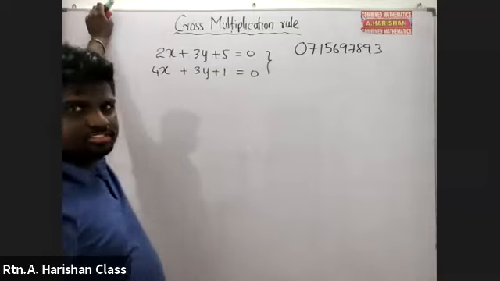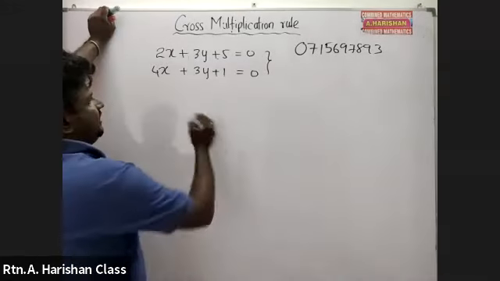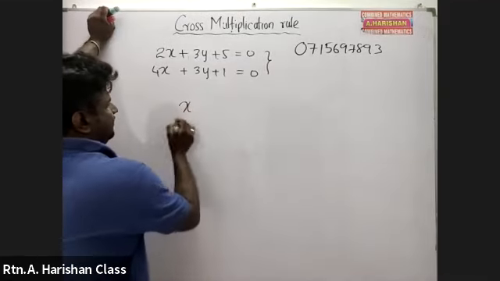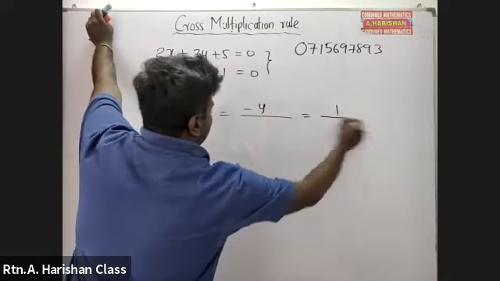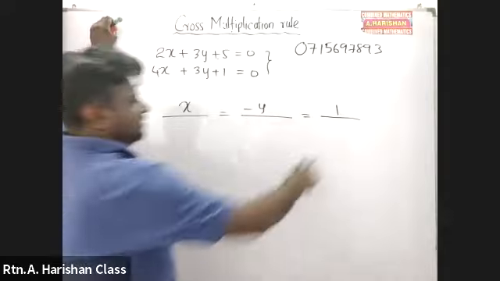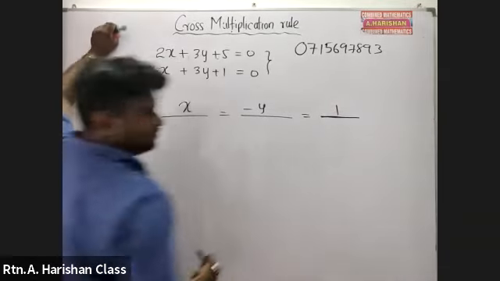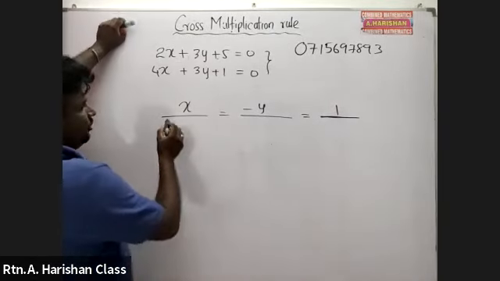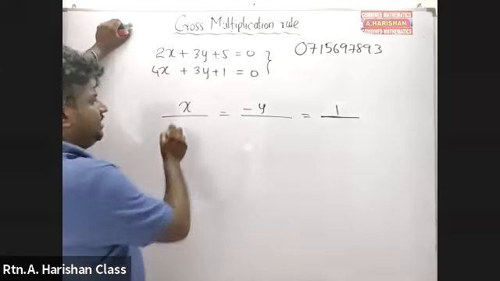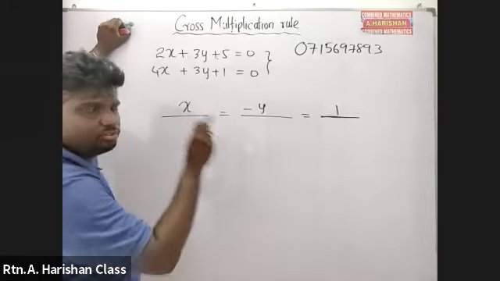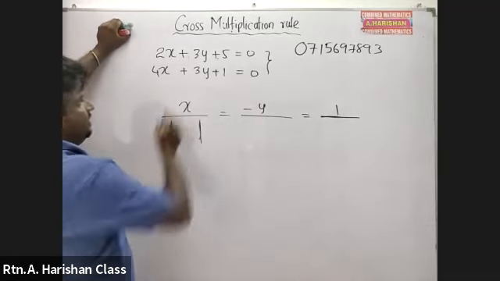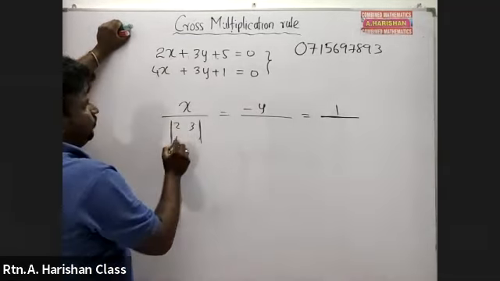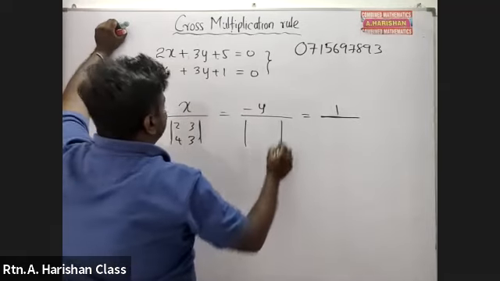So come back to this. Then put x, put minus y, put 1. That's it. So what we have to do? The first time I'm going to put this one. Hereafter, I don't put this one also. This is 2, 3, 4, 3. What about this?